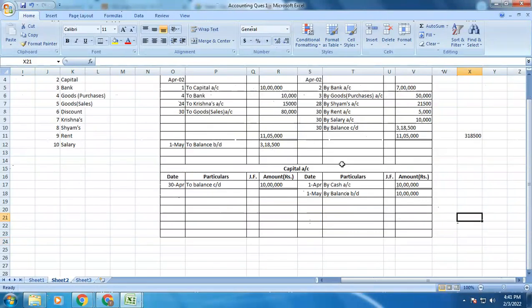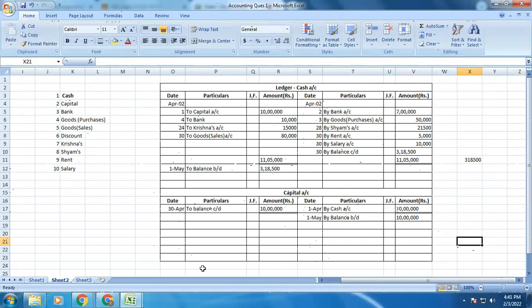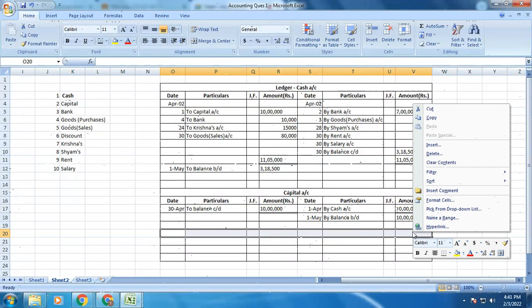Yes, ma'am. Okay. Now let us repeat the process by making the bank account. So I'll leave one line in the middle and I'll merge this.